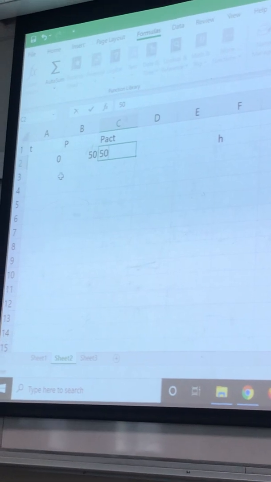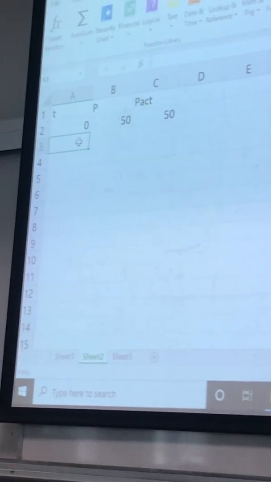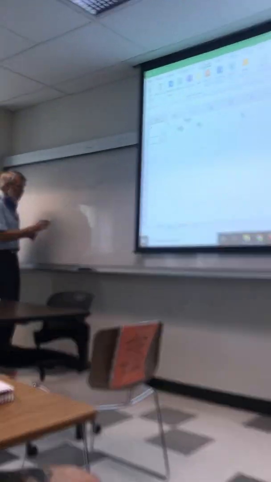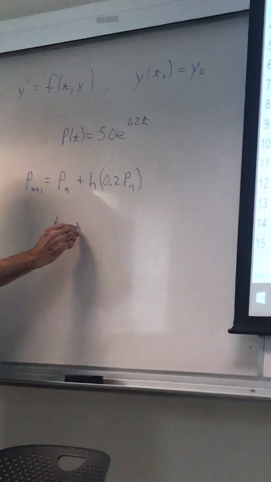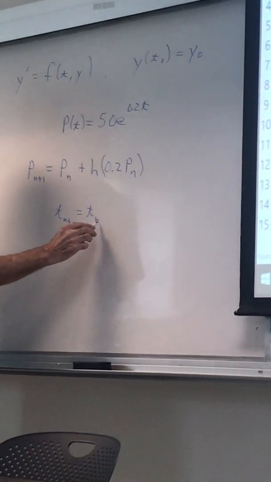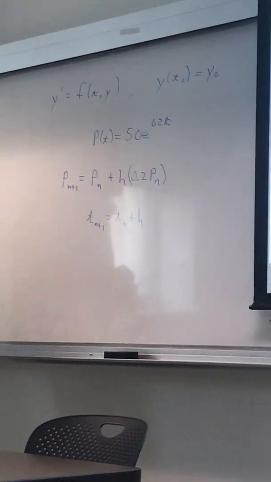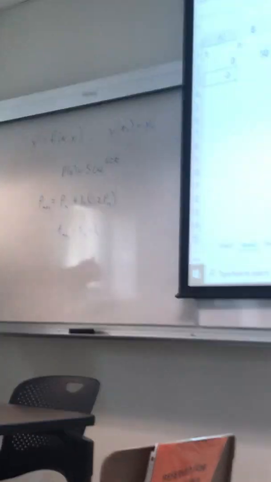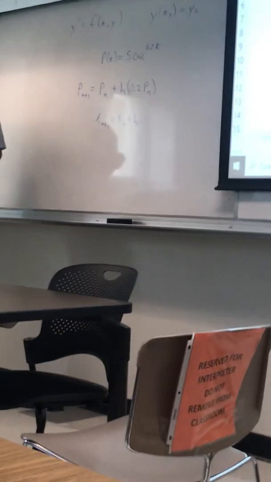All right. Now, what did I say? I didn't write this down, but it's a very important equation. I have that Tn plus 1 is equal to Tn plus h. We update the time by a new h value, right?